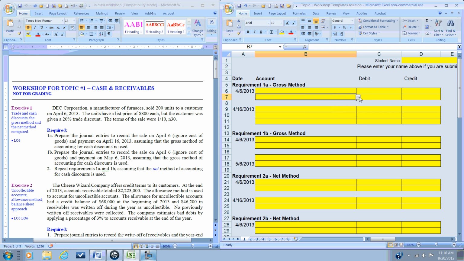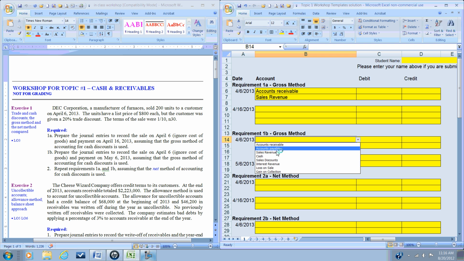So we have to increase our sales revenue. So we'll choose sales revenue from our drop-down list of accounts. We're not going to be receiving cash as our asset. Instead, we're going to be receiving accounts receivable. These two accounts will be used for all of our sales recognition.